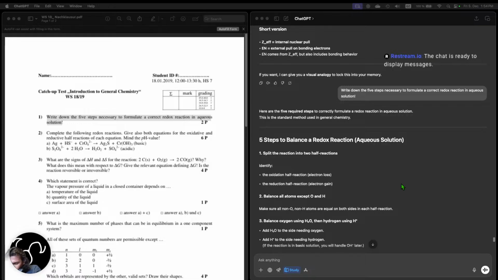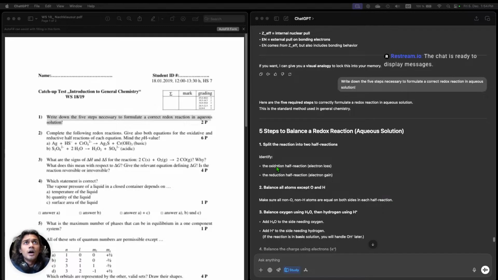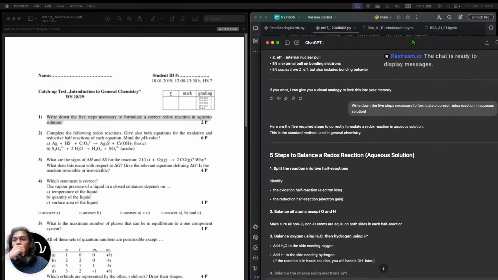It's identify the oxidation half reaction, reduction half reaction. Balance all atoms except O and H. Just a minute. Oh, there we go. Pie chart's still there.